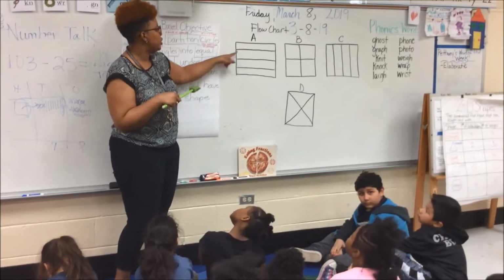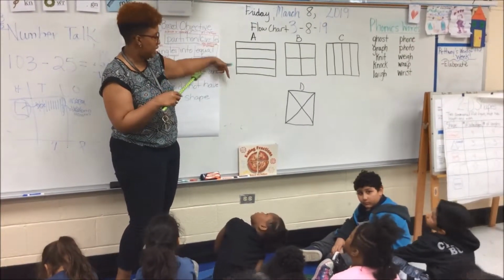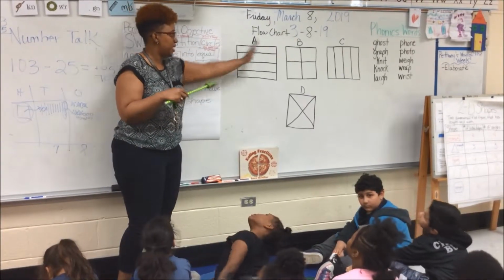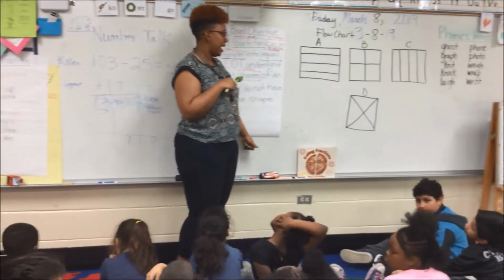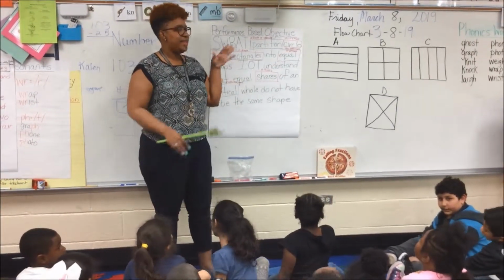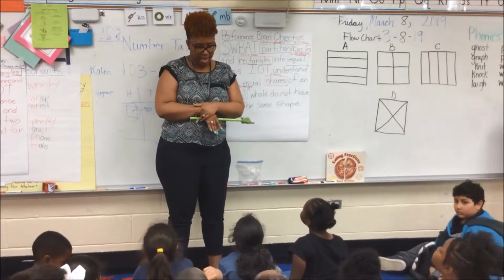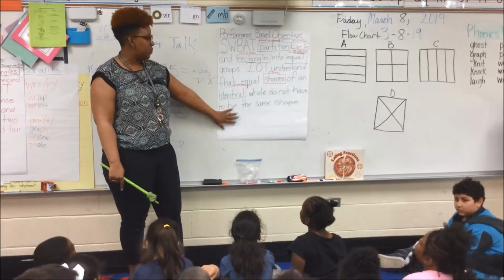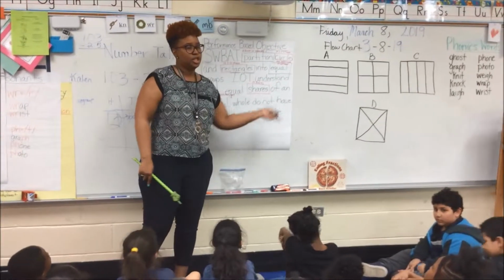Your paper will be partitioned into fourths, but divided differently, like Jasmine said. Then we're going to cut the paper along the lines, and stack the papers up to see if it really matters. That's what we need to understand according to the standard. All right, so quietly go.